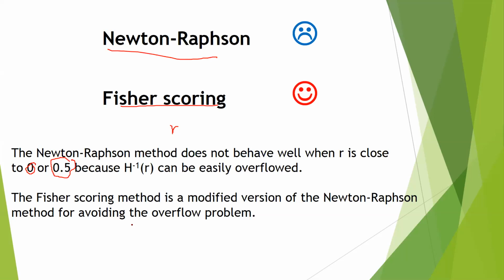So in that case, the recombination frequency is close to 0.5. In these two extreme cases, the Newton-Raphson is not that good because of the overflowing problem, but the Fisher scoring method can better solve this problem. This is the improvement by the Fisher scoring.